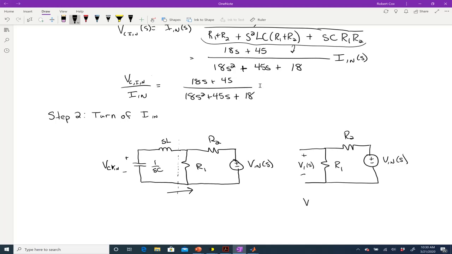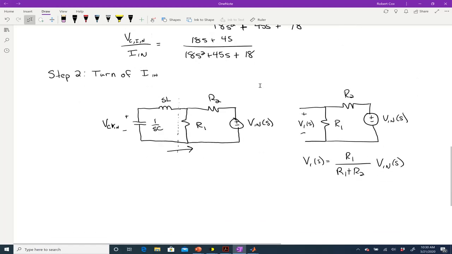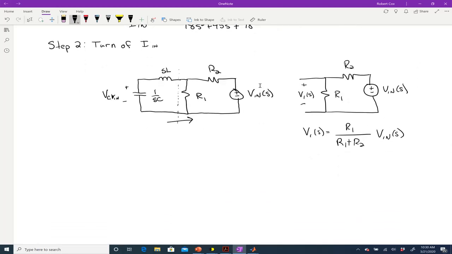Well, I can say that V1 of S, the open circuit voltage here, would be R1 over R1 plus R2 times Vin of S. That's how I get the open circuit voltage. So I'm replacing this network with one that looks like this, where this is now my V1 of S. And what is this impedance here?